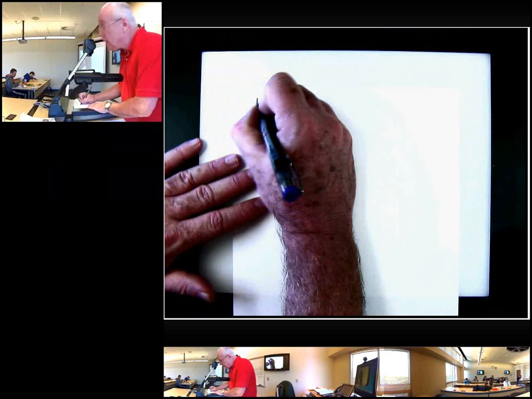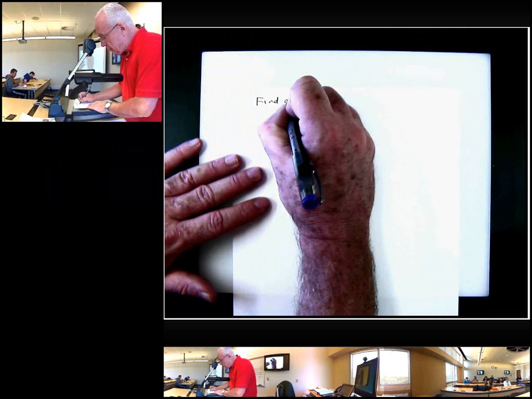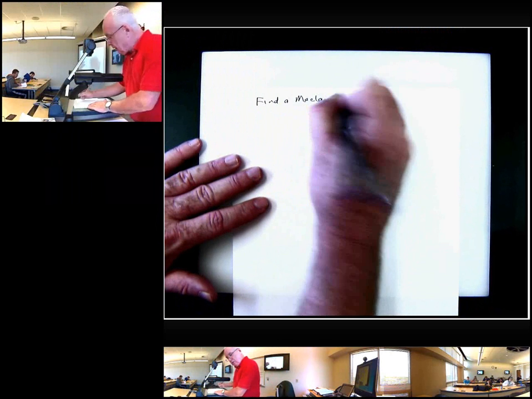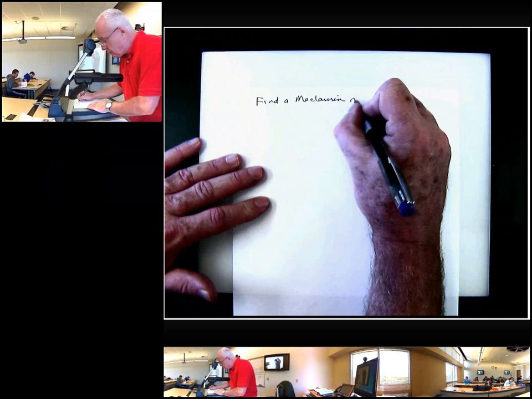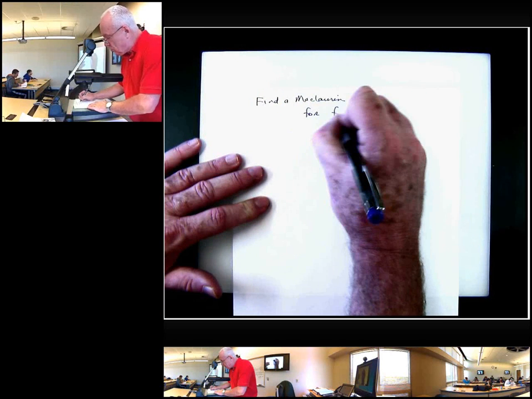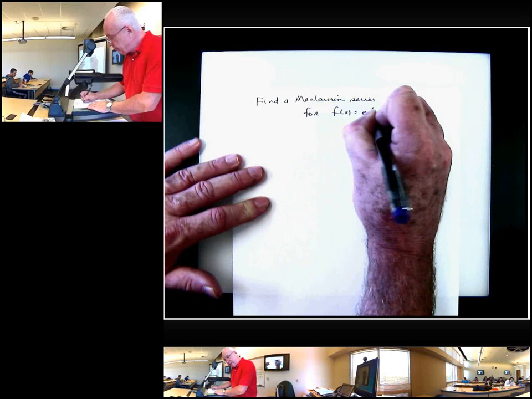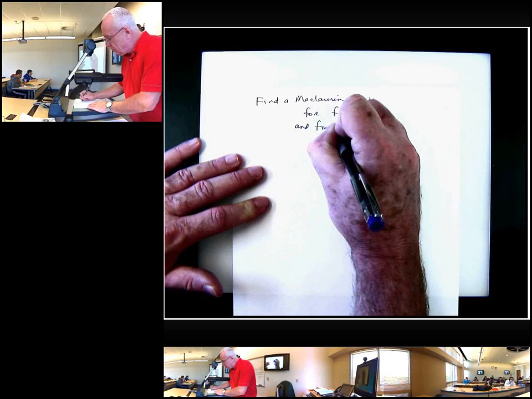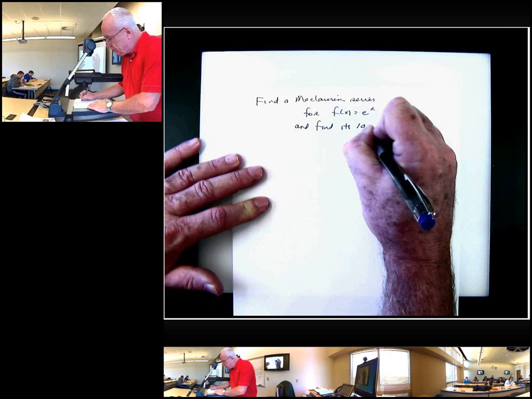So here's the first one. Find a Maclaurin, so here we're talking about those zeros, series for f of x equal e to the x, and let's also find its radius of convergence.